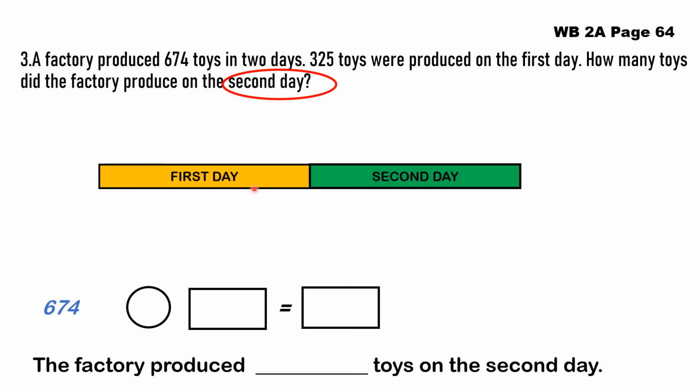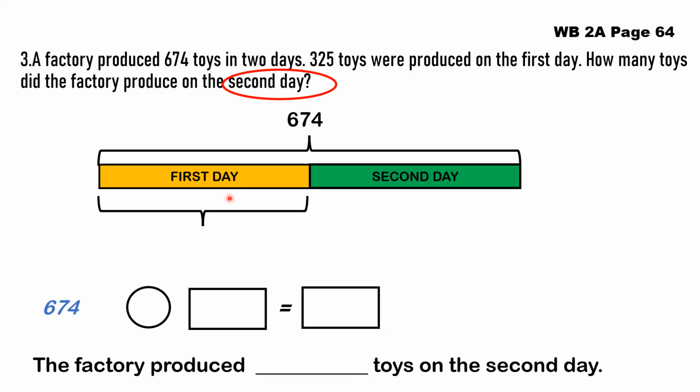The first day plus the second day, the factory produced a total of 674 toys. So in the first day, 325 toys were produced from the question. Okay, so we want to know how many toys the factory produced on the second day.